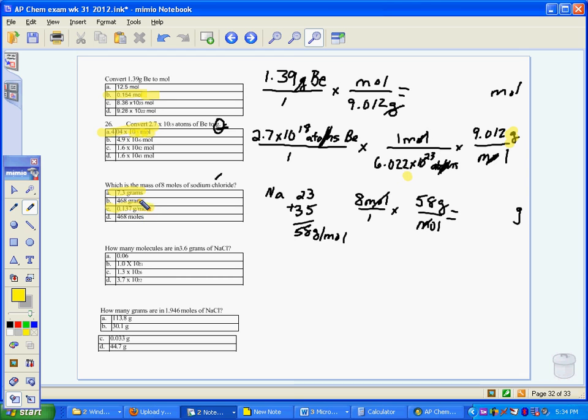Alright, so I've got these two answers right here, 468 grams and 468 moles. So I'm going to look back up here in my question, and I'm going to see that the mass is what I'm actually looking for. So my answer is 468 grams.